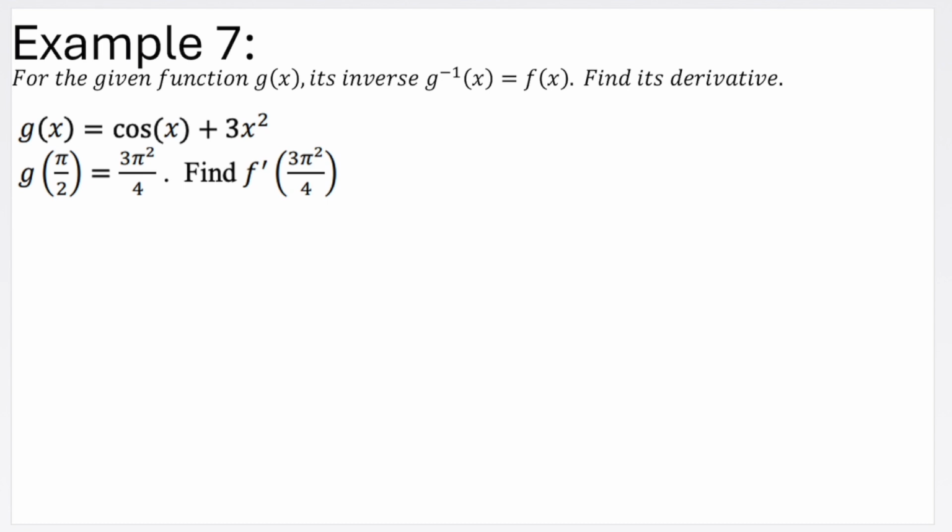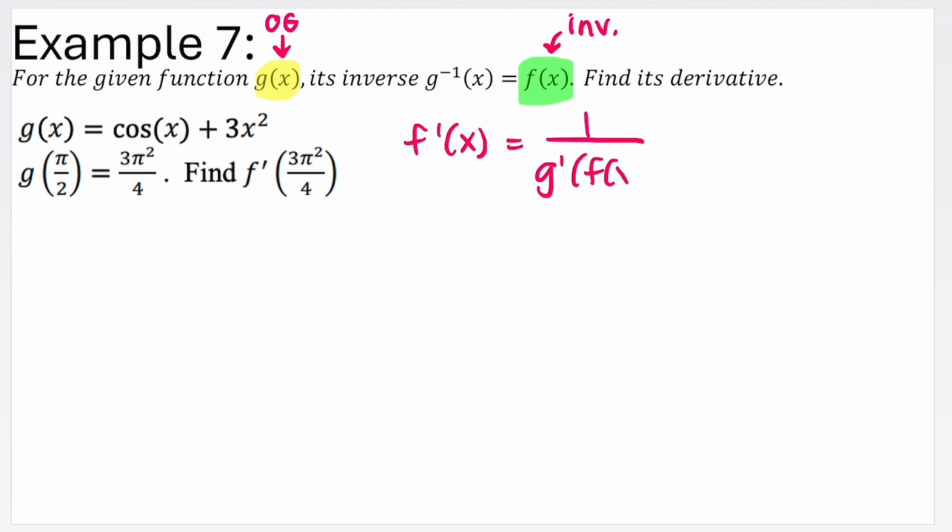For this one, the notation might be a little more confusing because this time g is the original function and f is the inverse. So it's a flip-flop from the previous problems. It's not always going to be the same, so you have to be able to adjust. So g is the original, the OG, and f is the inverse. If I'm trying to find the derivative of the inverse, f prime of x is going to be 1 over g prime of f of x.